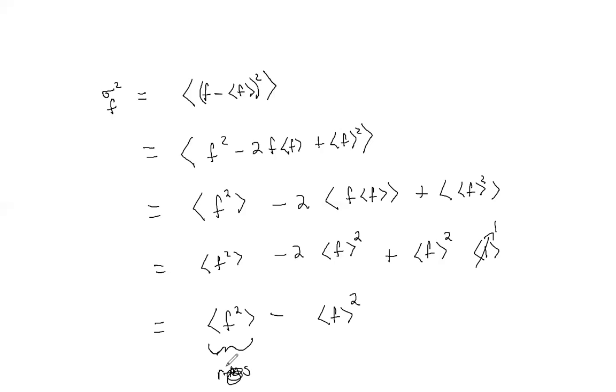I'll go to the next page and we'll see that. There's a very closely related quantity called the RMS value. It's sort of like standard deviation, but just a little different. The RMS stands for root mean squared.